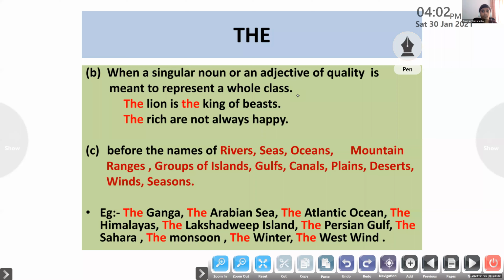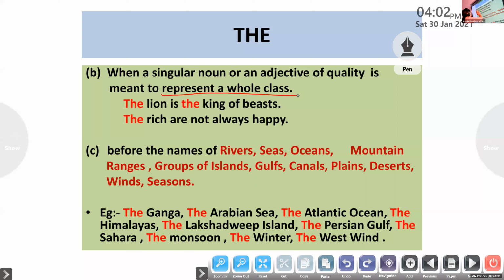No, I'm talking about all the rich people in the world. It means I'm pointing out the entire class of rich people in and around the world, right?